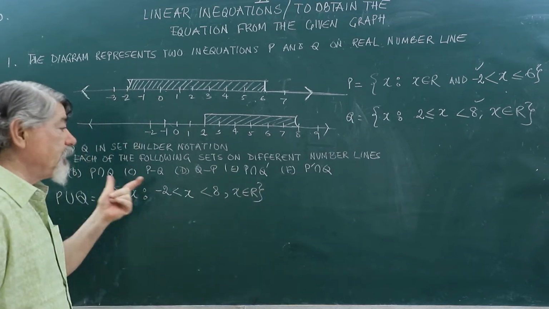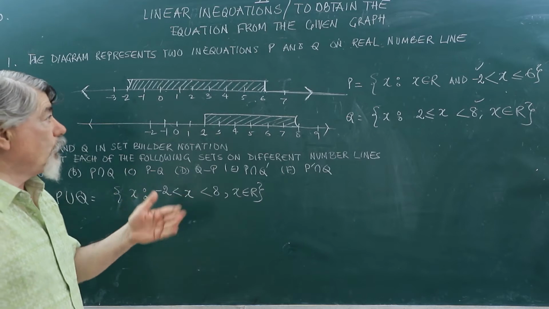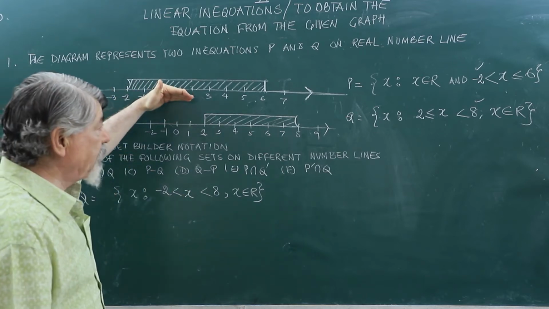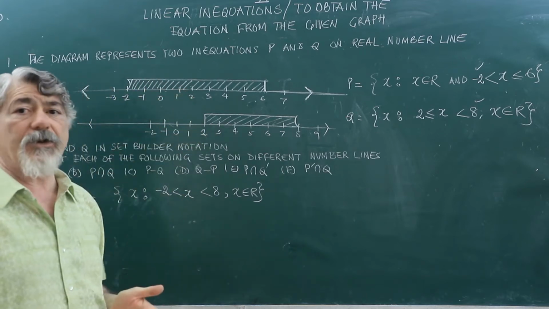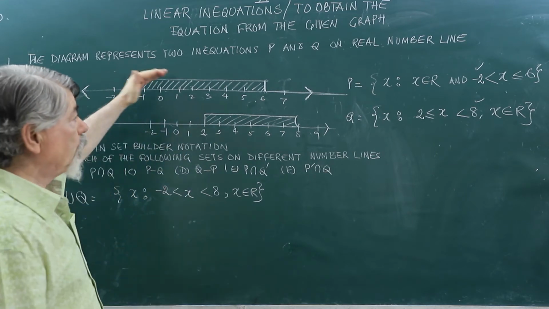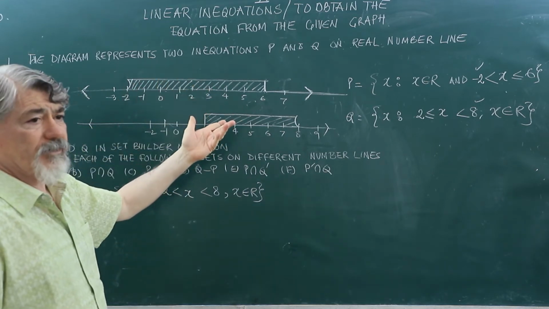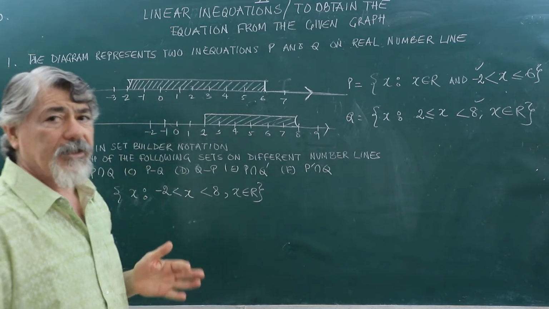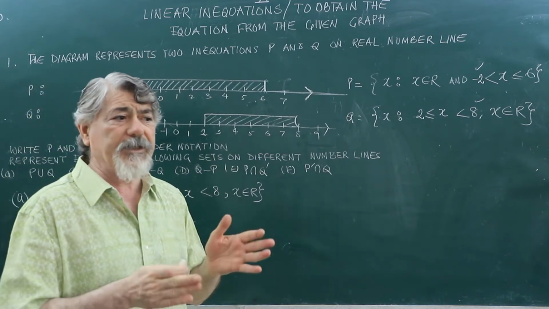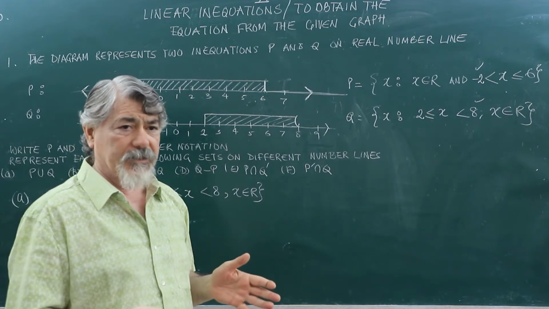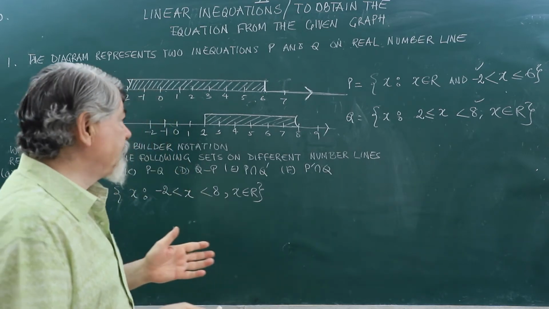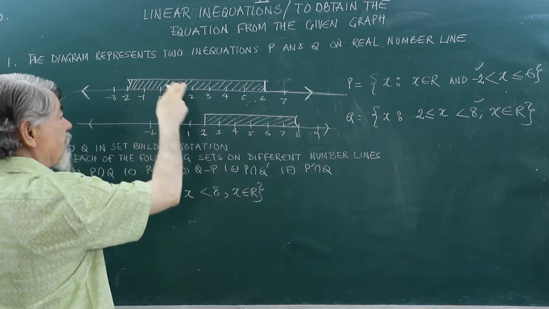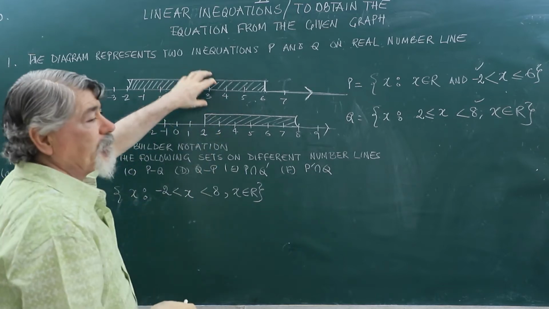Now this P union Q includes all the values which are of P and Q and also common. P or Q and common values. It is a combination. Union means, you know what union means? Union means taken together. Union is a combination. So set P as well as set Q and common elements.